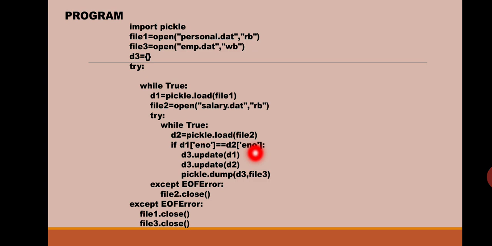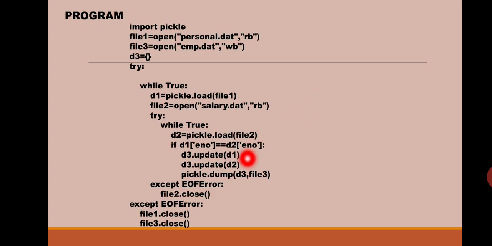First of all, we have entered that record in the dictionary D3, and then the new matching record that we have found is also updated. After the D3 dictionary is created, which contains a combination of the D1 record as well as the D2 record, we have written the D3 record in the file, right? And in this inner while loop, if there arises an exception while reading the file salary.dat, that means we have reached the end of the file salary.dat and an end of file error occurs, then we are going to close this file.